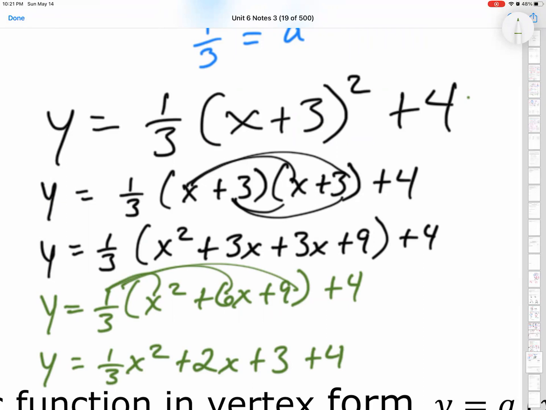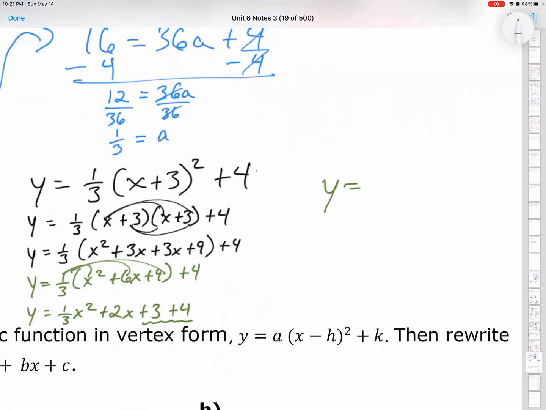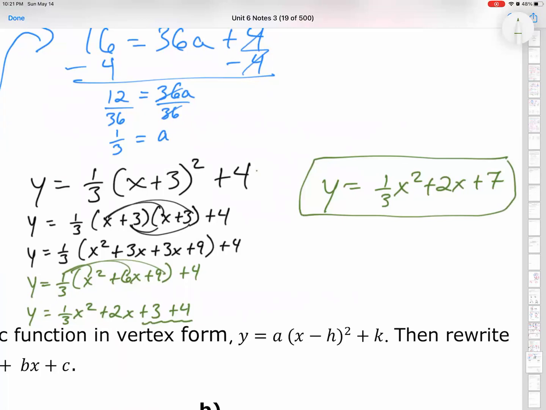And then lastly, we just bring these guys together. So we end up with y equals 1/3 x squared plus 2x plus 7. And there it is in standard form.